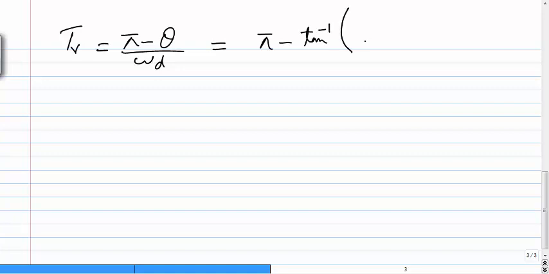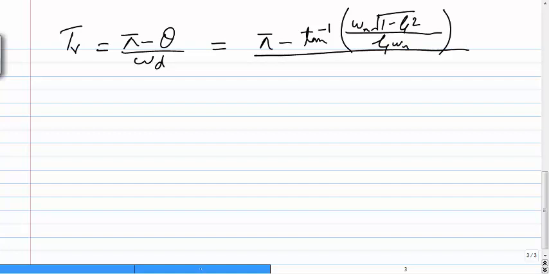So rise time is equal to pi minus theta divided by omega d, which can be written as: theta is equal to tan inverse of zeta omega n, under root 1 minus zeta square, divided by... now for omega d, write omega n under root 1 minus zeta square.